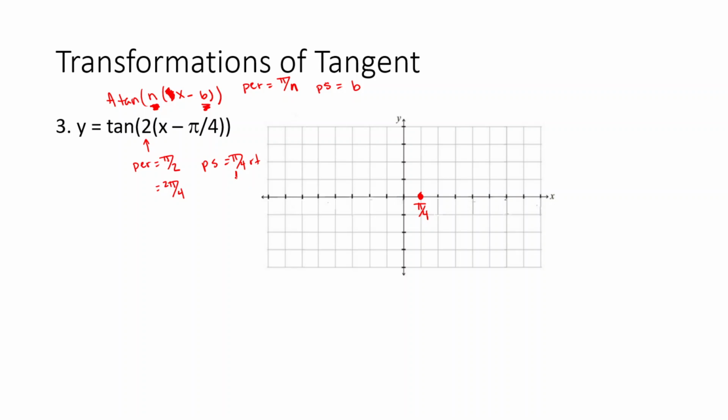That's my start to my cycle. Then I can count my period, so the end will occur at the pi/4 plus the period, and that'll get me at 3 pi/4.